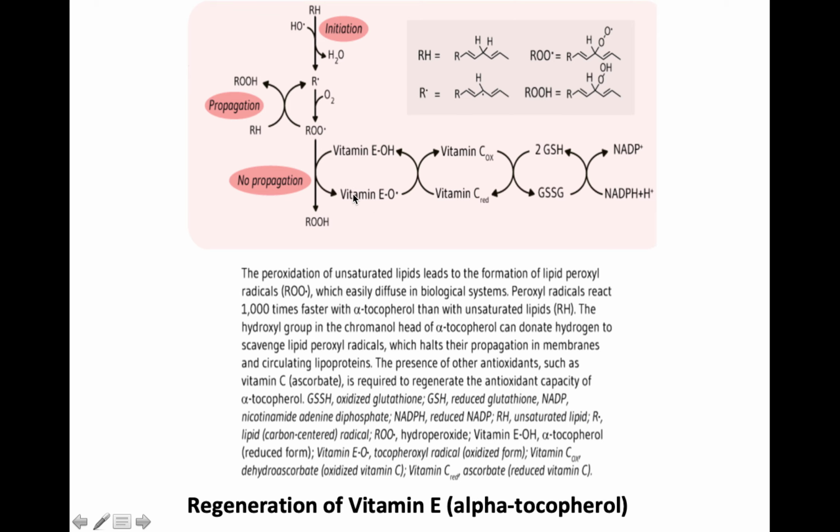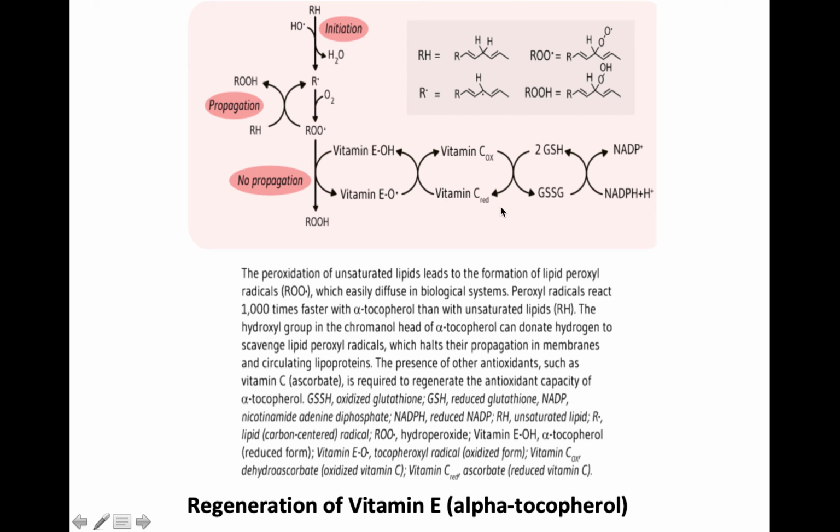This vitamin E is regenerated with the help of vitamin C. Vitamin C reduces the vitamin E back, and in this case the vitamin C itself is oxidized. Then vitamin C is again reduced by the molecule glutathione, which reduces vitamin C from its oxidized state to the reduced state.